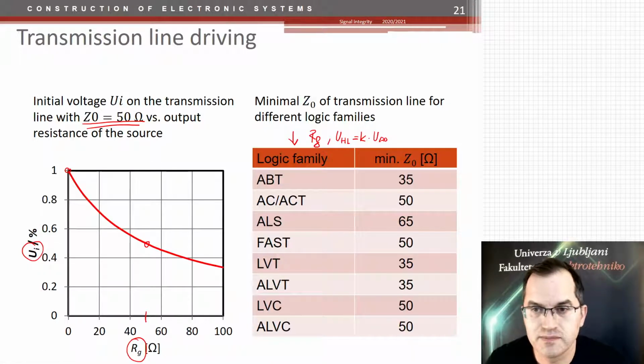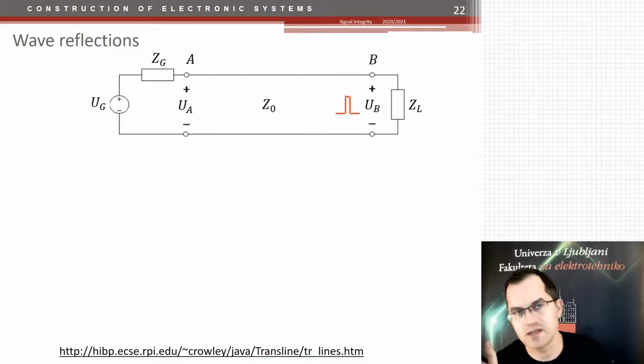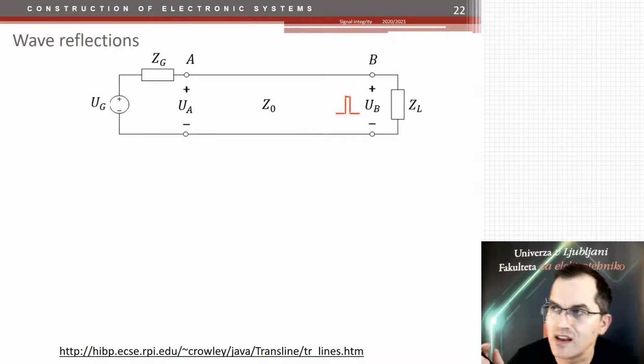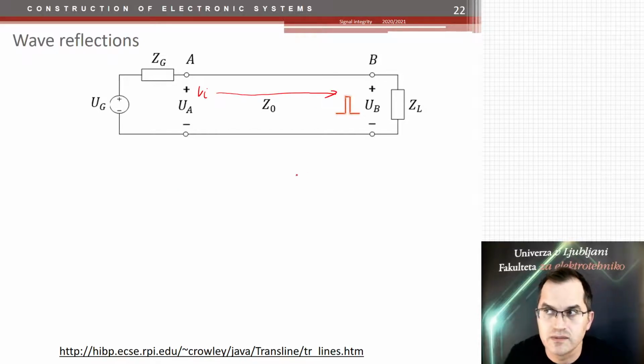All right. So what else? Well, that's just the first, initial part of the transmission of the signal on the line. The next part, of course, when we get the initial voltage, this initial voltage then travels along the line and hits the load.